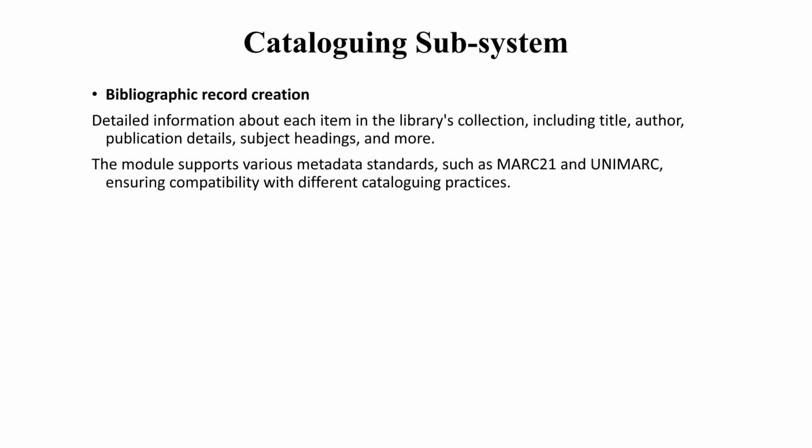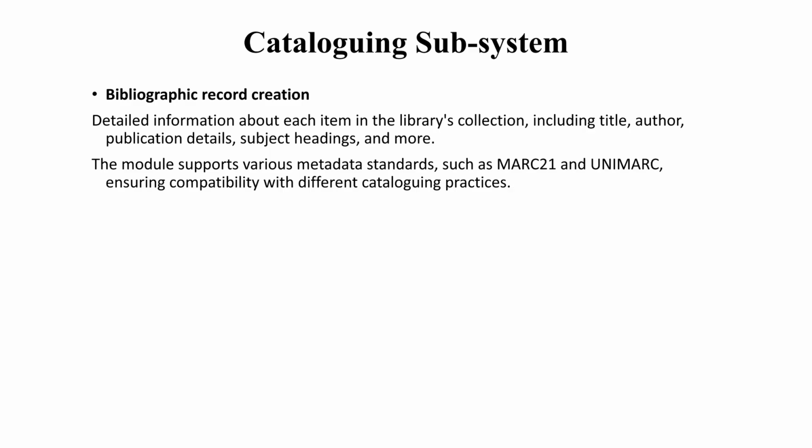Now I will discuss the cataloging subsystem. So the cataloging subsystem consists of a bibliographic record section. Detailed information about each item in the library's collection, including title, author, publication details, and subject headings, are all entered in this part.